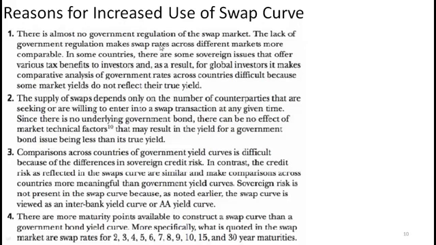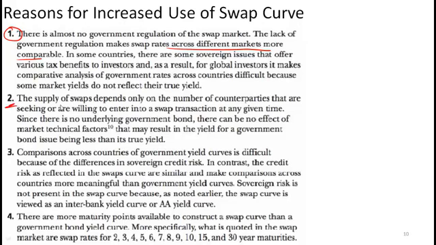So it is easier to compare the swap spreads across different countries relative to comparing the yield curves based on government bonds. So that's the first point. There is almost no government regulation of the swap market. The lack of government regulation makes swap rates across different markets more comparable. So that's the core point number one.